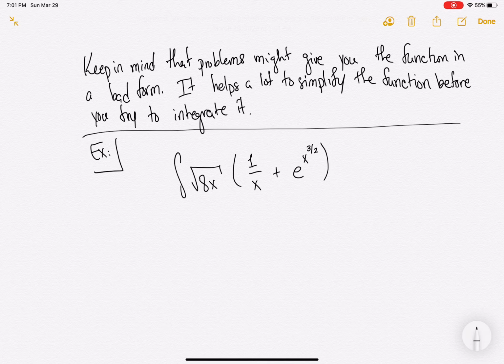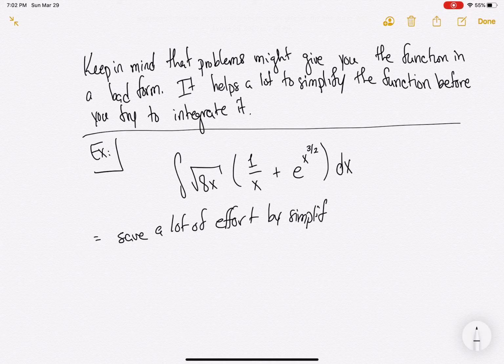Yeah, this is crazy, but it's actually integrable. You're going to save yourself a lot of effort by simplifying the inside. Actually, simplifying the whole thing.